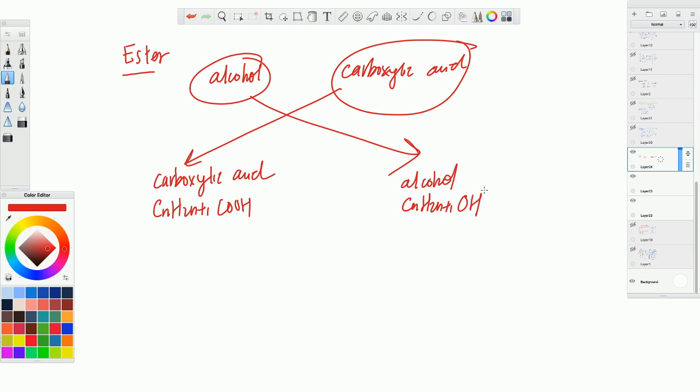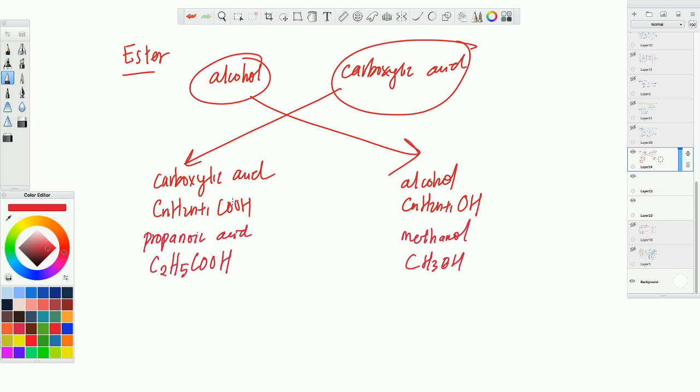Alright, now example of carboxylic acid. Propanoic acid, C2H5COOH. Alcohol example, methanol, CH3OH.